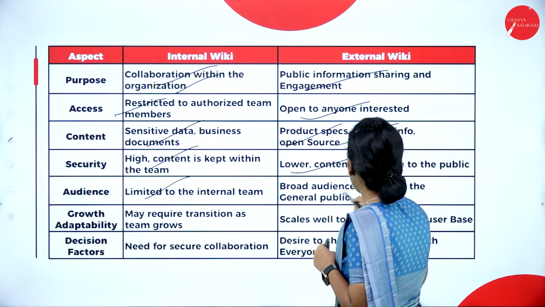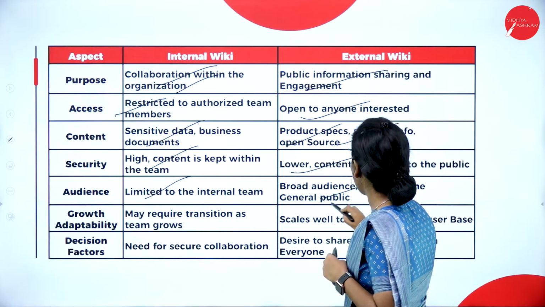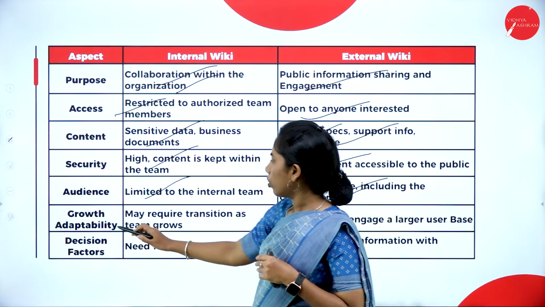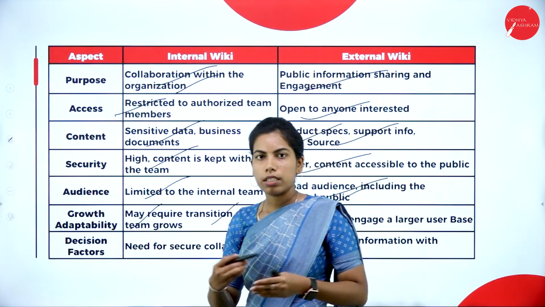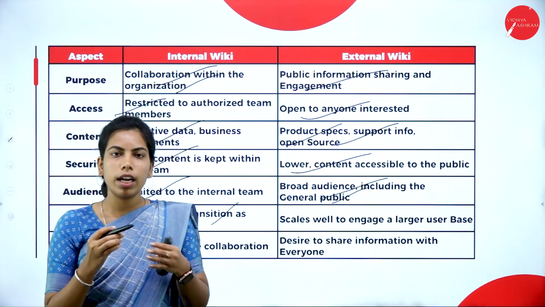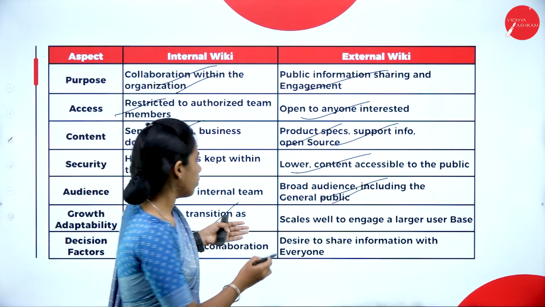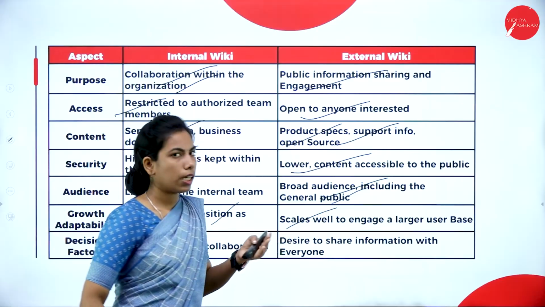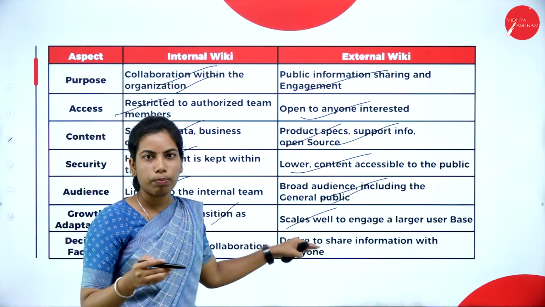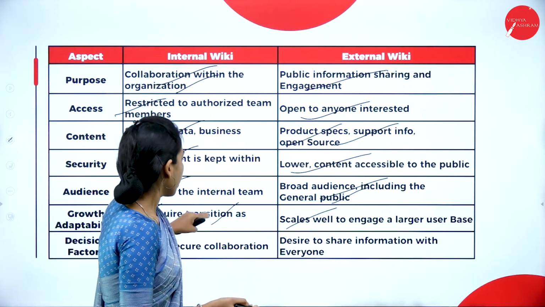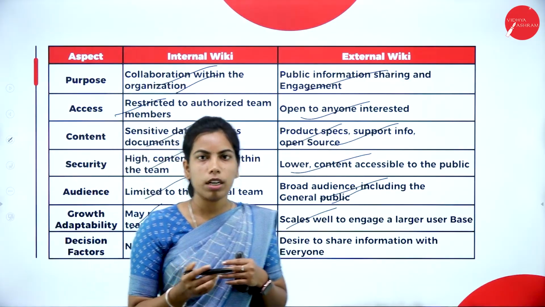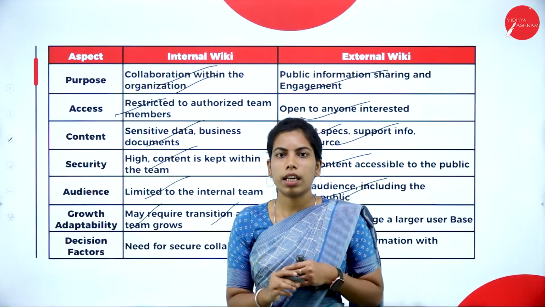But for the external wiki everyone can access, like a building open to the general public. Growth-wise, the internal wiki may require a transition as a team grows, or it can have extra features. But the external wiki can scale up well to engage a large user base, because the public can access it, right? It has to scale up. The internal wiki doesn't have scale-up features, because only the individual organization can access it.